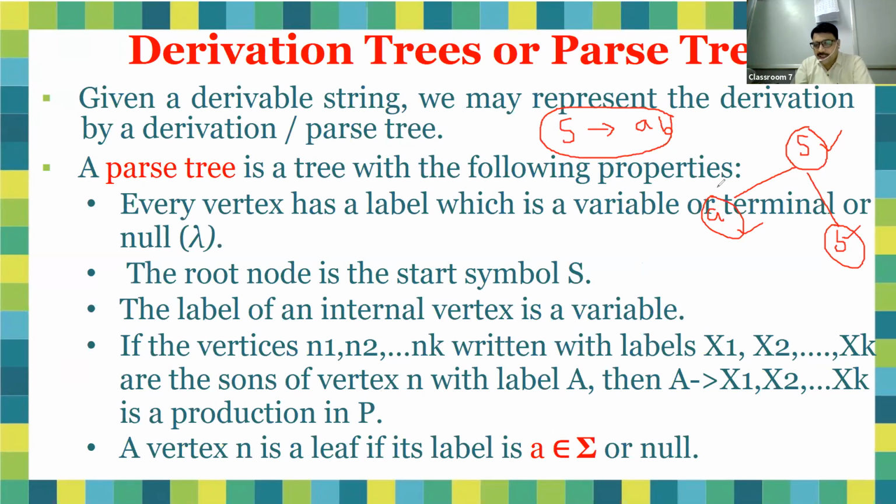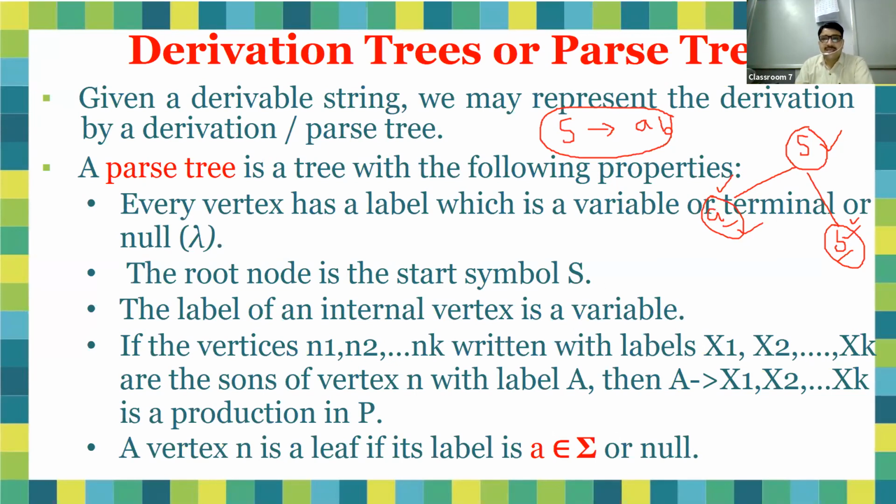In this case, A and B are the leaves. How can we decide that A and B are leaves? Because both are terminals. If the label is a terminal or null, only then can you say that the particular node is a leaf. So all these are the basic properties related to the parse tree or the derivation tree.